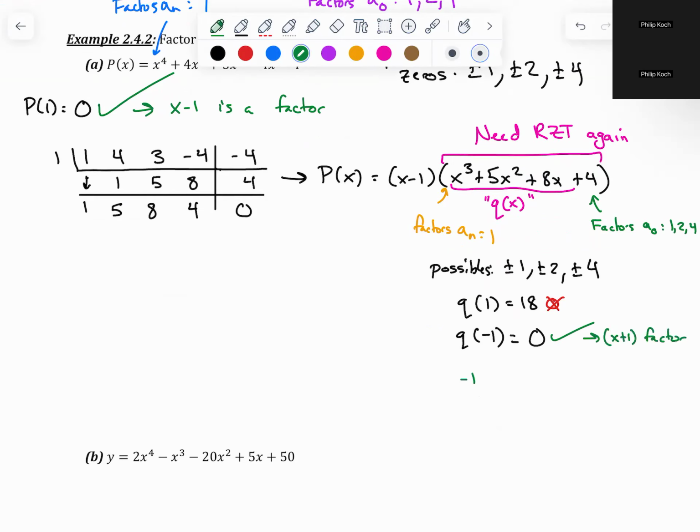So I'll do negative 1 divided into that polynomial, 1x cubed plus 5x squared plus 8x plus 4, bar right before our constant term. All powers of x are present and accounted for. Perform the synthetic division. 1 times negative 1 is negative 1, and 4. That gives me 4, and then negative 4, and that gives me 0, as I'd expect.